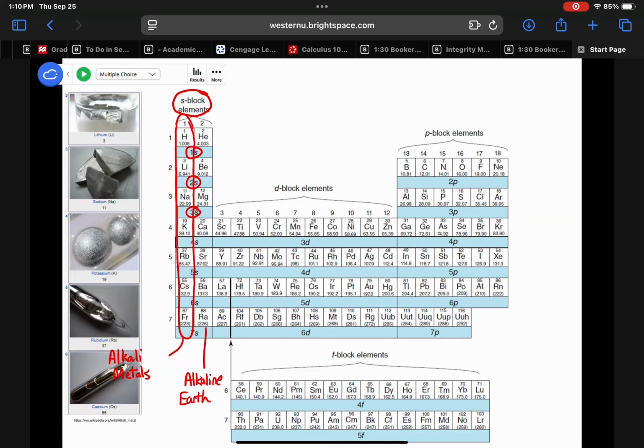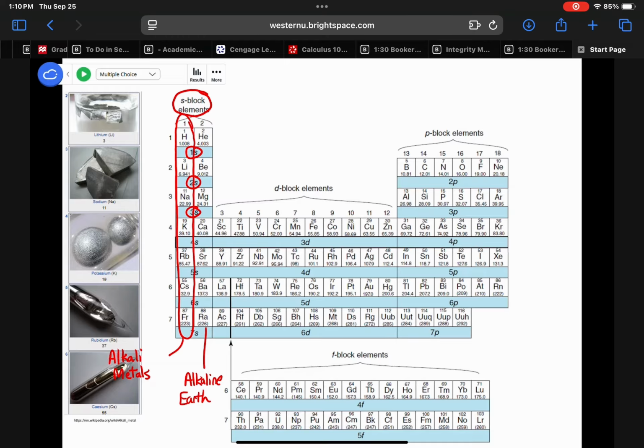We know now that that's why they have very similar chemical properties. They tend to react and lose that one electron. They tend to react in a 1-to-1 ratio with the halogens on the other side of the periodic table. Lithium, sodium, potassium, rubidium, cesium, all of these elements tend to be soft, shiny, very reactive metals.